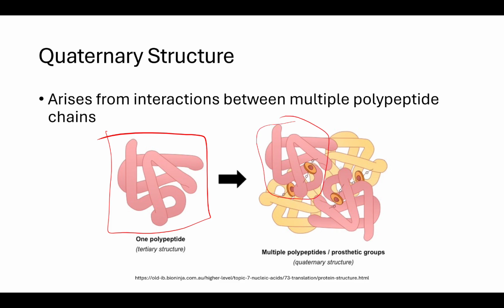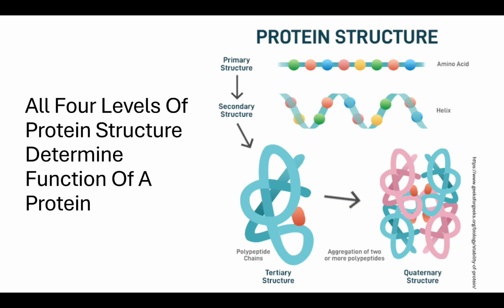Notice you have two of these chains. These two are identical, and then you have these other chains that have a slightly different structure, but they can form hydrogen bonds with each other. You might have some disulfide bridges, some ionic interactions that are going to attract those polypeptide chains and keep them forming this particular shape. And apparently my cat wants you to know that that's very important.